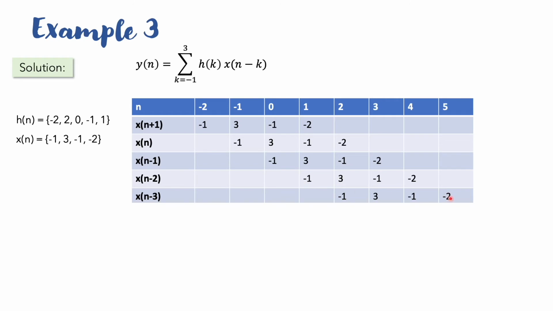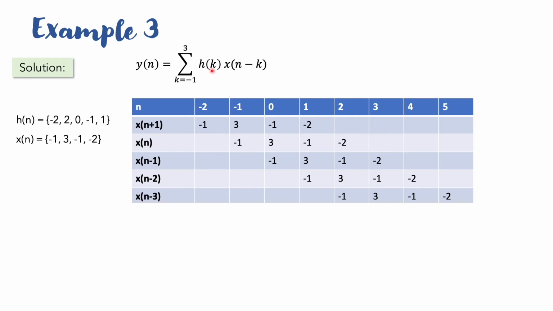Now for the next step we have to multiply each value of h[k] with x[n minus k], right? Means this is x of n minus minus 1, this one, right? For the first value of k we will multiply it with h of -1, because this is for the k value of -1.